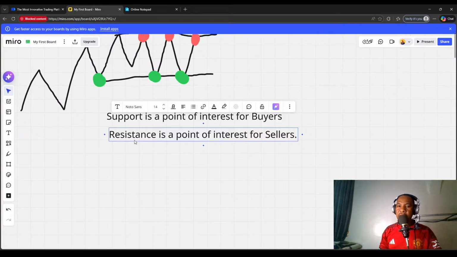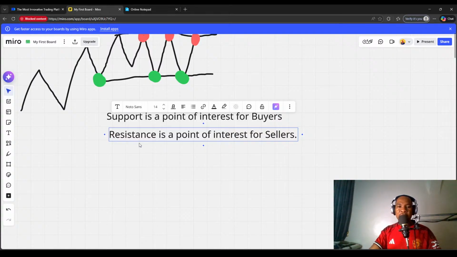When you understand support and resistance, you'll be able to trade without all those confusing concepts, ICT, IFT, SMC. You don't really need them.